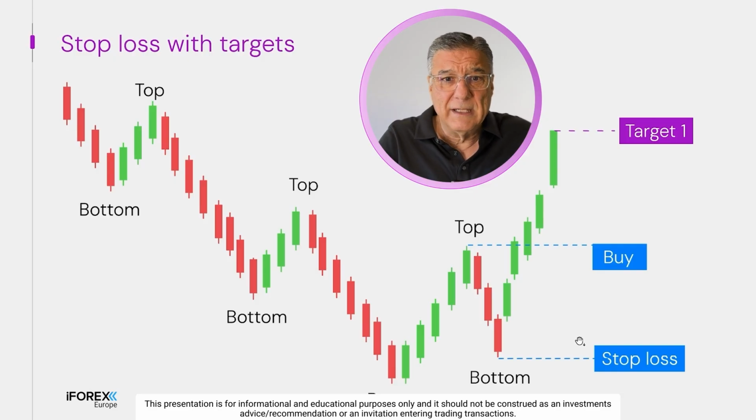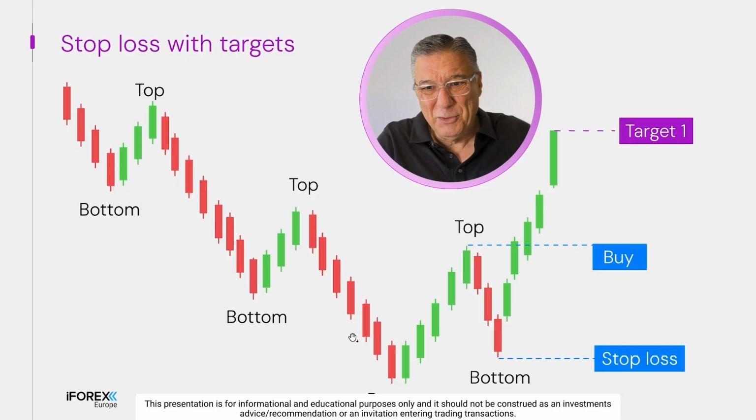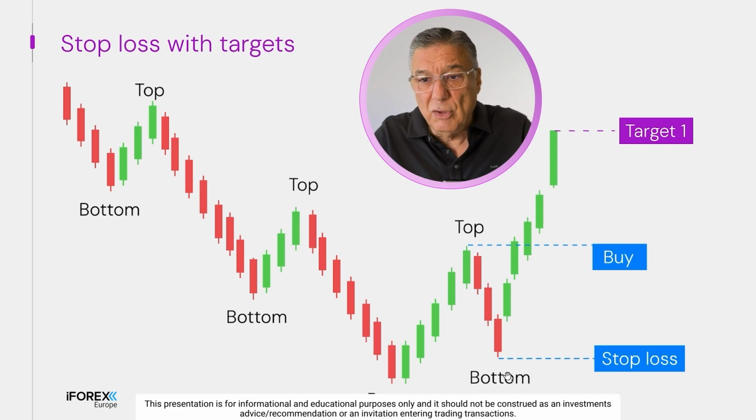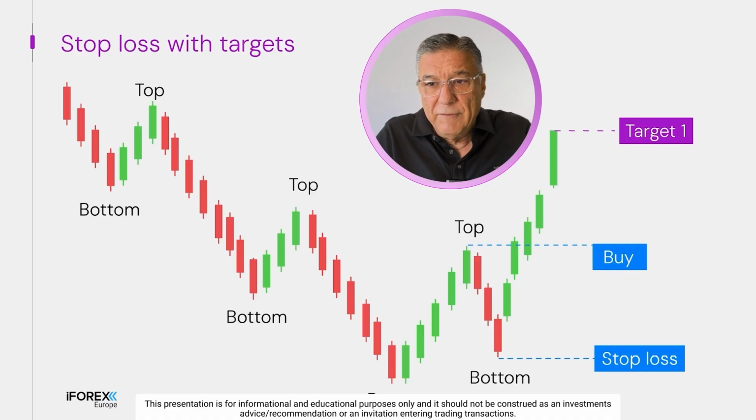So once again, a downtrend is defined by successively lower tops and bottoms, then a reversal, we enter right above the top, protective stop loss right below the most recent bottom, and based on our system, profit target is right here. We can book all our profits here at target 1.